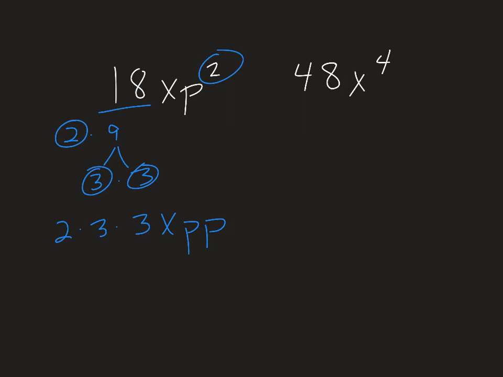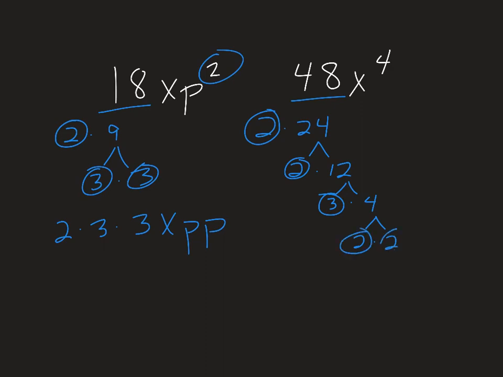And then for the next one, the 48 can factor into 2 times 24. Then I can factor the 24 into 2 times 12. Then I can factor that 12 into 3 times 4. 3 is prime. And finally, the 4 will factor into 2 and 2.